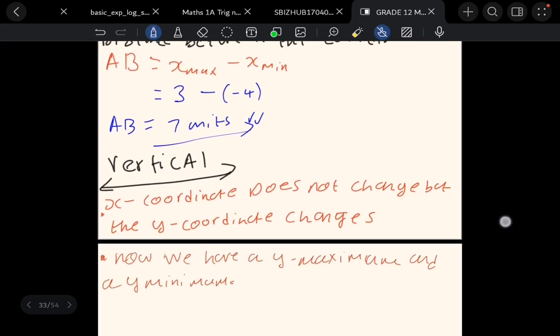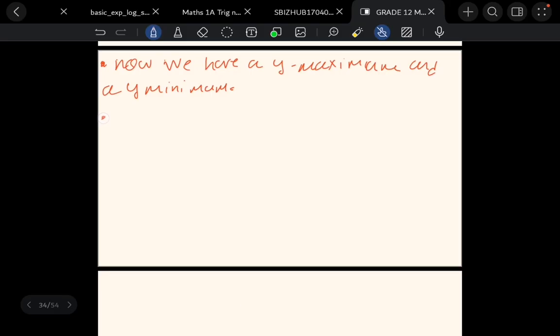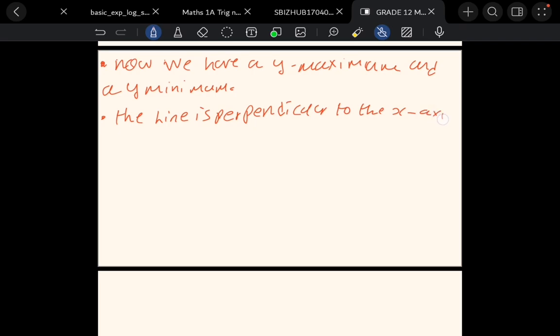So if that is the case, this line is going to be parallel to the y-axis and perpendicular to the x-axis.